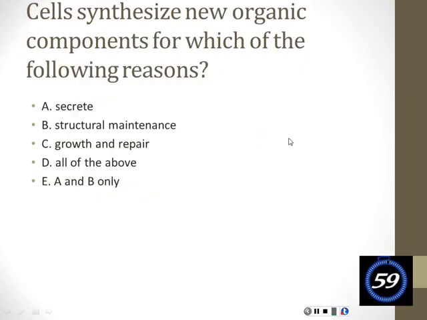All right, so we can go backwards and forwards, so to speak. Okay, so let's do a few questions right off the bat. Cells synthesize new organic components. Why? Synthesis is usually anabolism, so you know. Did you get the question? Yes?